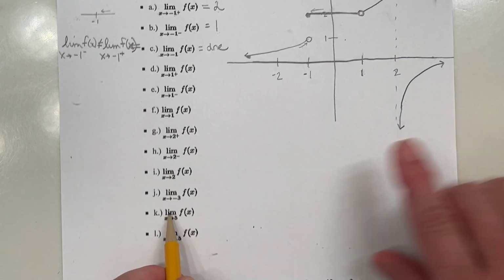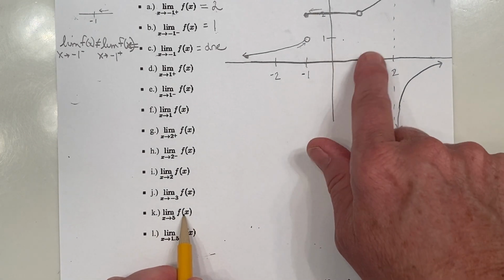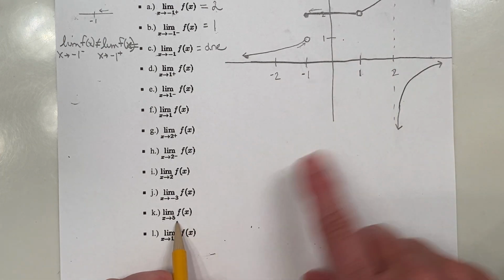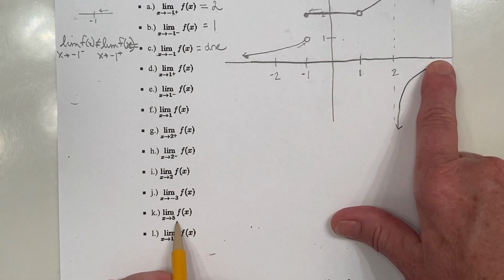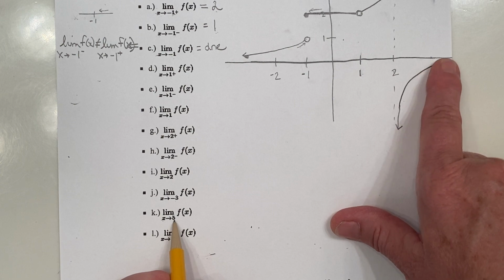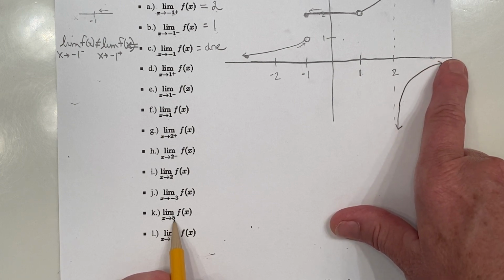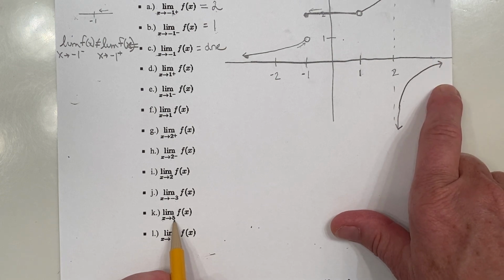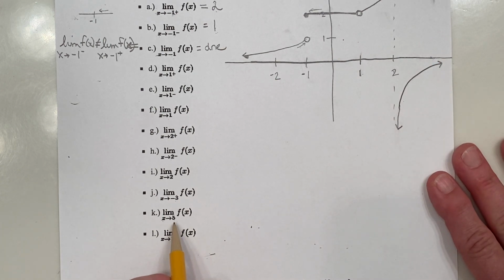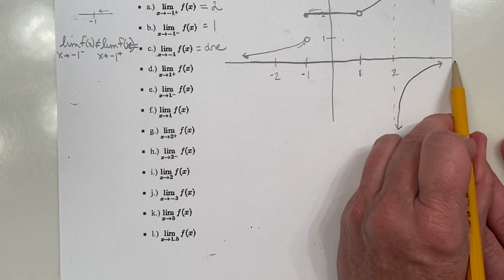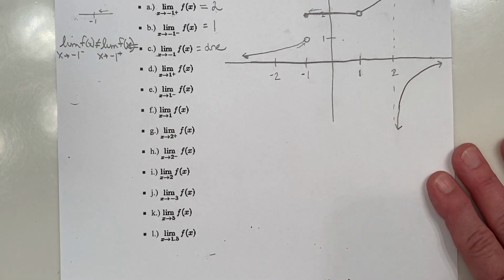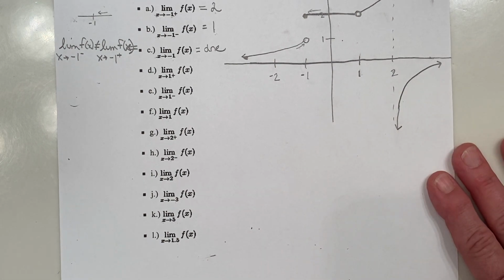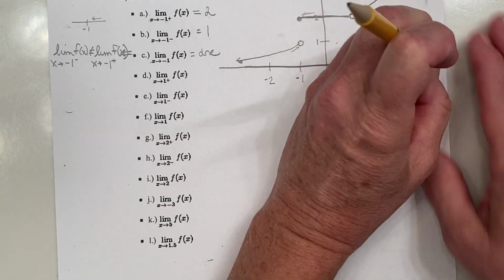K says on the same f of x graph, as x approaches 5. Well, 5's over here. As x approaches 5, what are the y values getting closer to? It looks like they might be going to 0, but how can we be sure that the intended height is going to be 0 there?